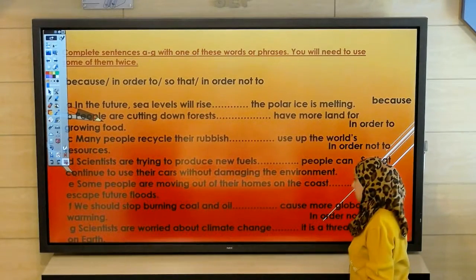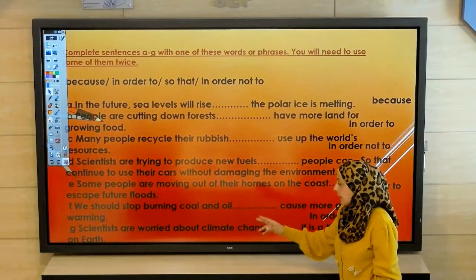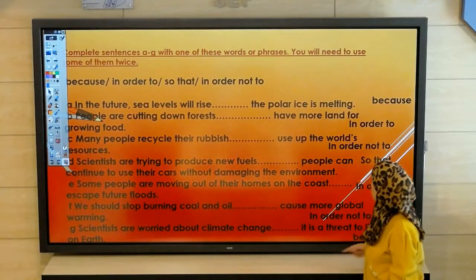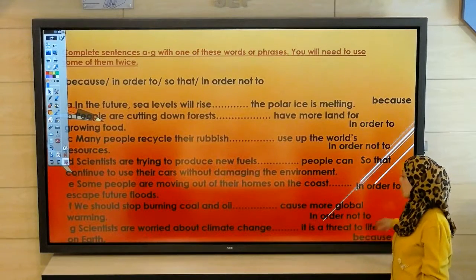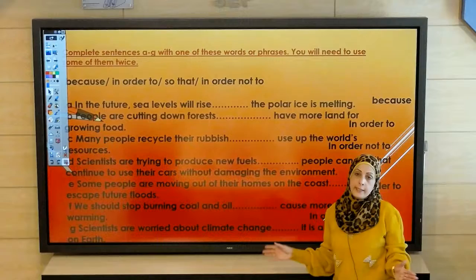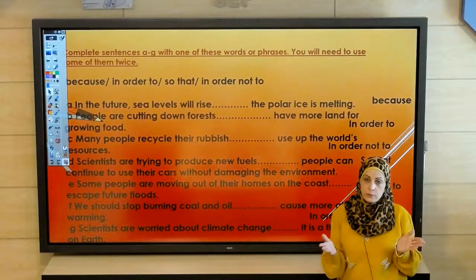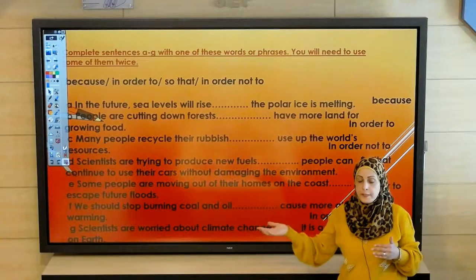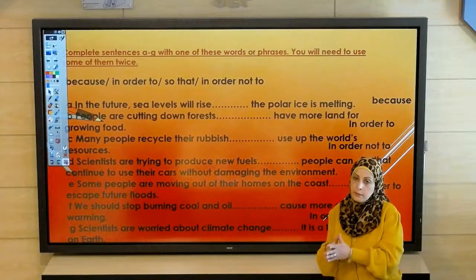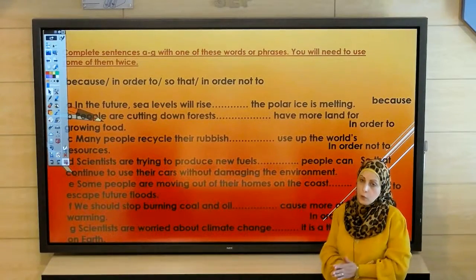Okay? The last one, scientists are worried about climate change because it is a threat to life on Earth. So, as you can see, after to, we have infinitive. After because, so that, with the result that, we have clause.